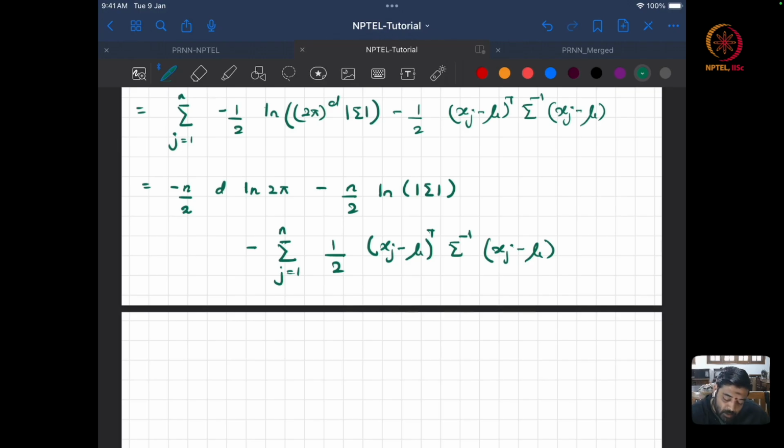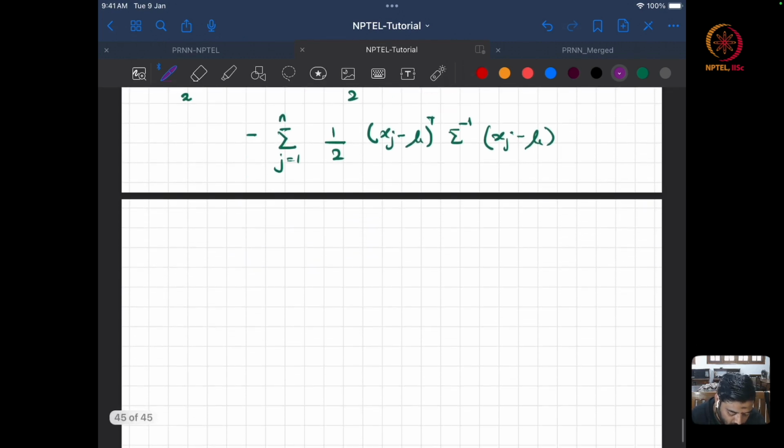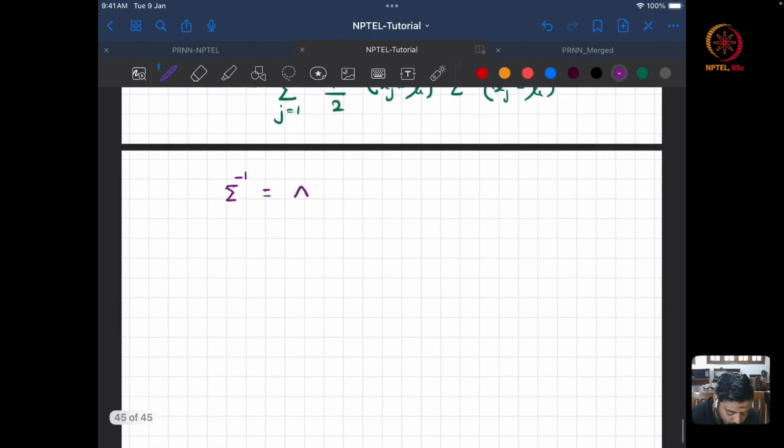Okay, so now it is too much of things, so we will reduce the notations. Now let's take that I'll represent this inverse of the covariance matrix as this tilde, and then I'll represent this zj as xj minus mu.